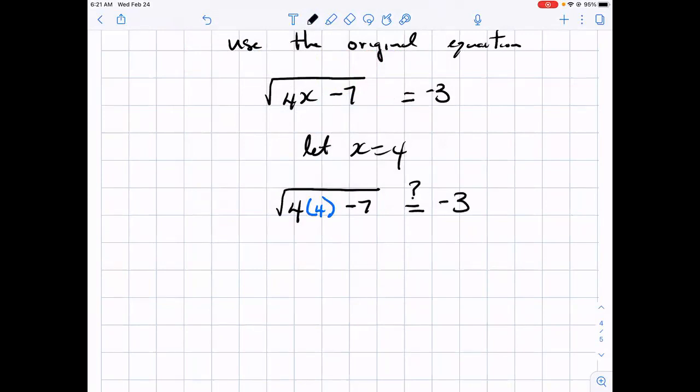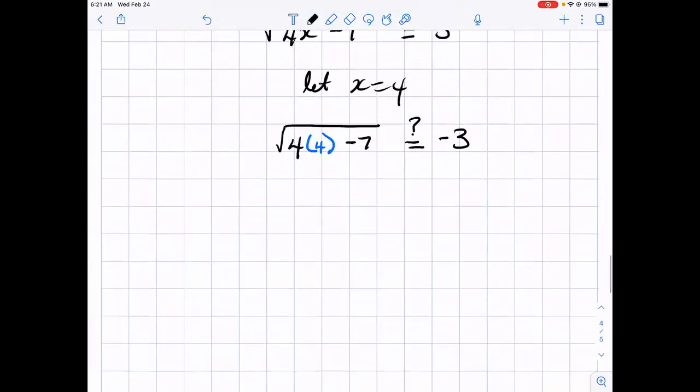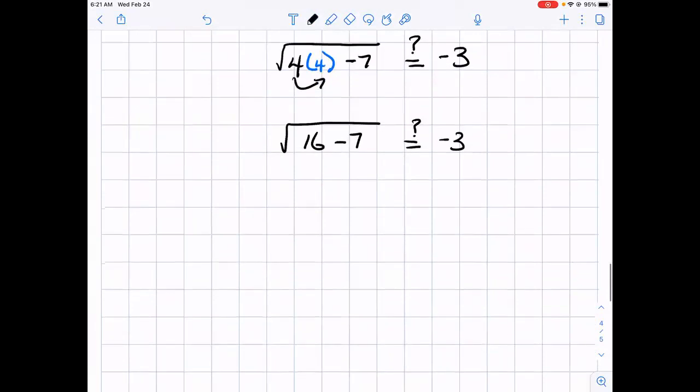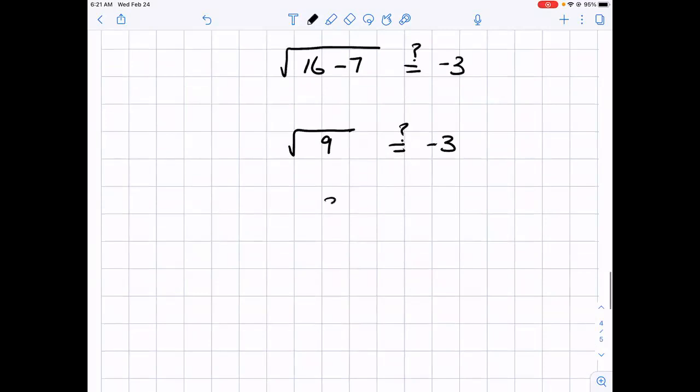Is this true? Okay. So 4 times 4 is 16. So 16 minus 7, the root of that, would that be equal to negative 3? Now 16 minus 7 is 9, and the square root of 9 is 3, okay?